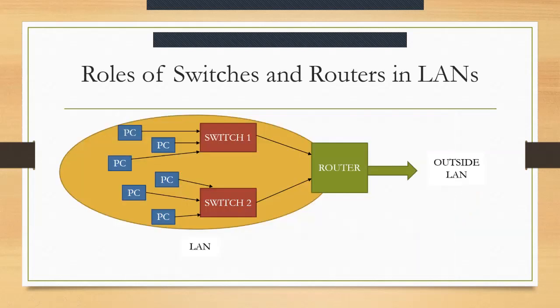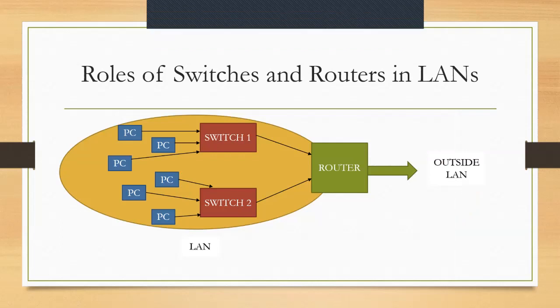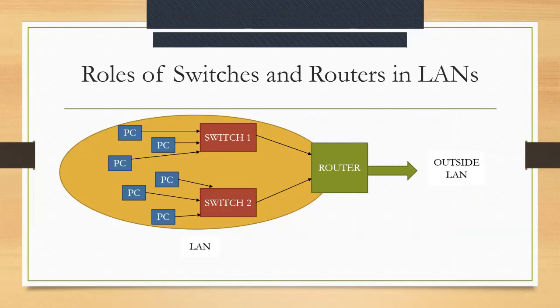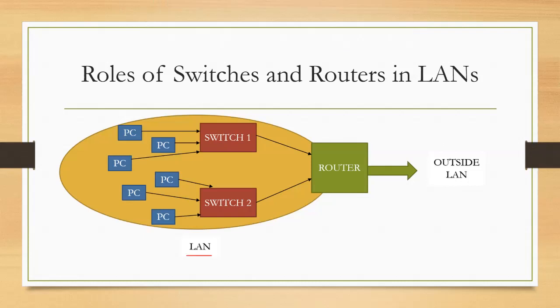Now the next concept is the roles of switches and routers in LANs. We need to understand the operation of a LAN. In this diagram, you can observe that there is a LAN which comprises various PCs. Some of these PCs are connected to switch 1, some of the PCs are connected to switch 2, and these two switches are connected to the router.